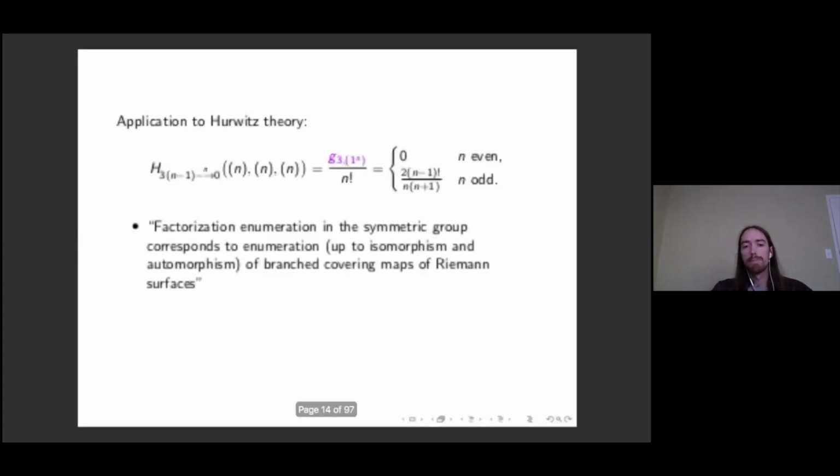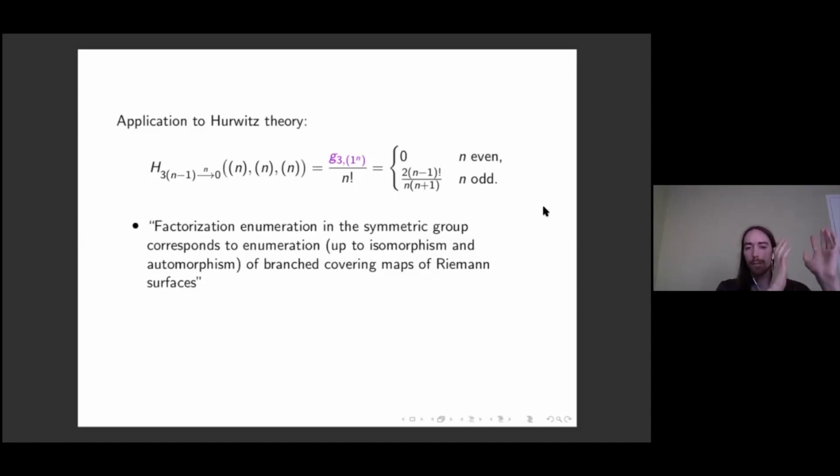So that factorization in the symmetric group, which is in the middle, corresponds to enumerating branch coverings of Riemann surfaces on the left. So this Hurwitz number, for instance, you have a degree 3n, a genus 3n minus 1 curve mapping with a degree n covering map to a Riemann sphere, and you have 3 branch points that are totally ramified, and that's all the ramification.